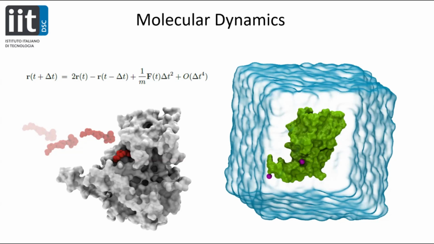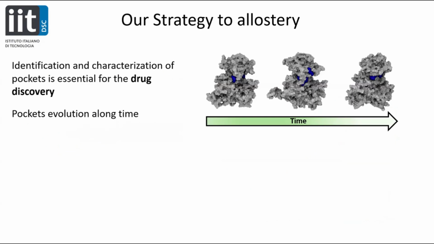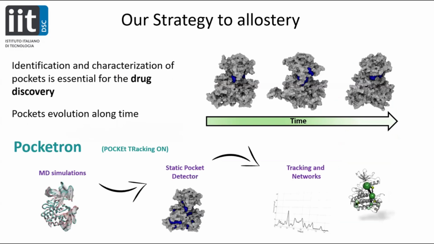This is the environment in which you are playing your game. So, which is our strategy? As I said, it is built around the concept of pocket. The main idea is to have these MD simulations long enough. Long enough is always complex in biology, but now we have plenty of computer power, so we can go through microseconds to track them.